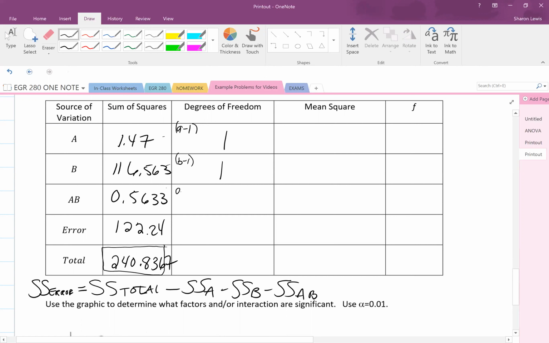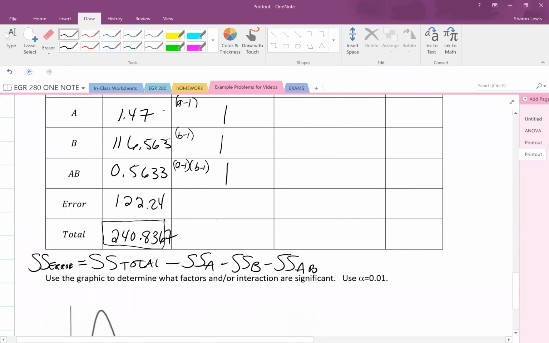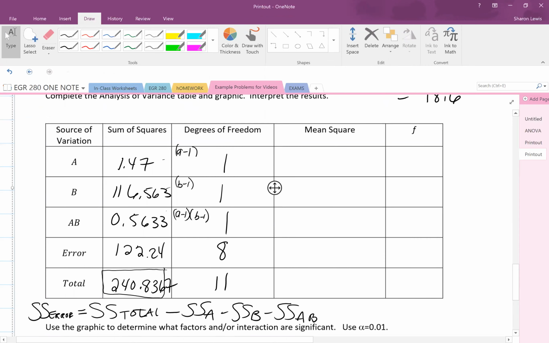This one is A minus 1 times B minus 1, so 1 again. And then for the total, it is equal to the number of data points, number of experimental runs that we made, minus 1. So we made 12 runs, so that's 11, which leaves us then for error 8 degrees of freedom.